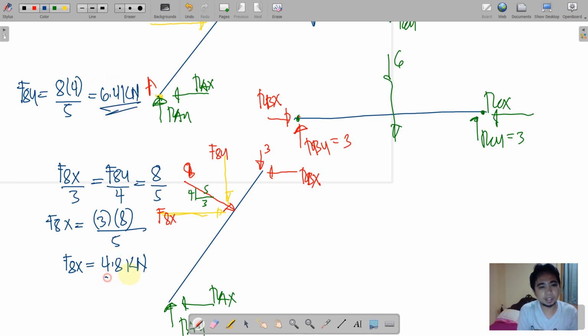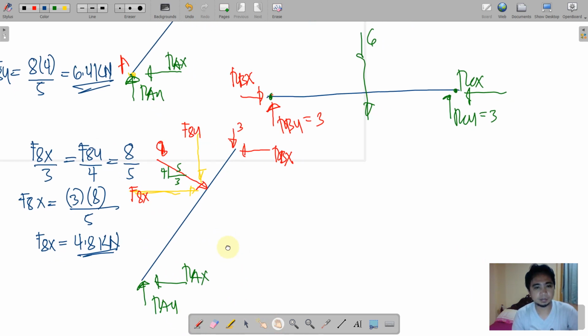So, ngayon alam na natin yan. We are now ready to move on to this. Okay. Of course, by summation forces horizontal, RBX and RAX still is not determined. Why? Kasi nga, dalawang horizontal lang unknown.